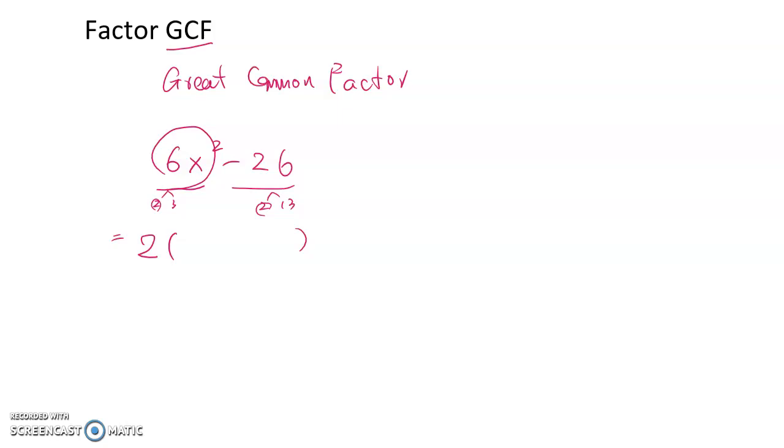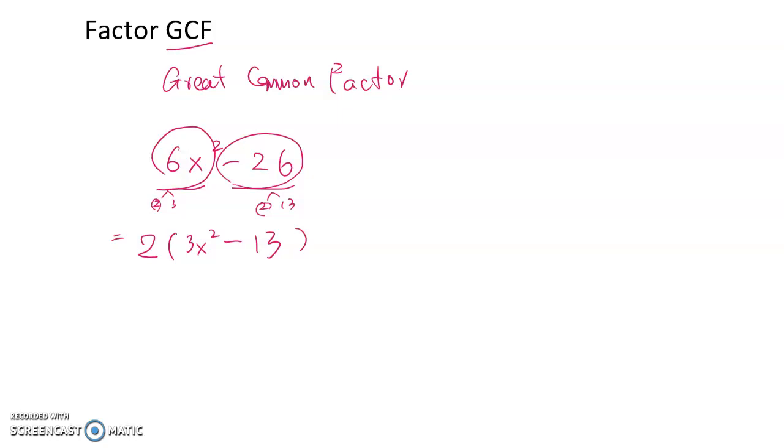So 6x squared divided by 2, which is 3x squared. The second term, negative 26 divided by 2, that's negative 13. And now I'm done factoring the GCF of these two terms.